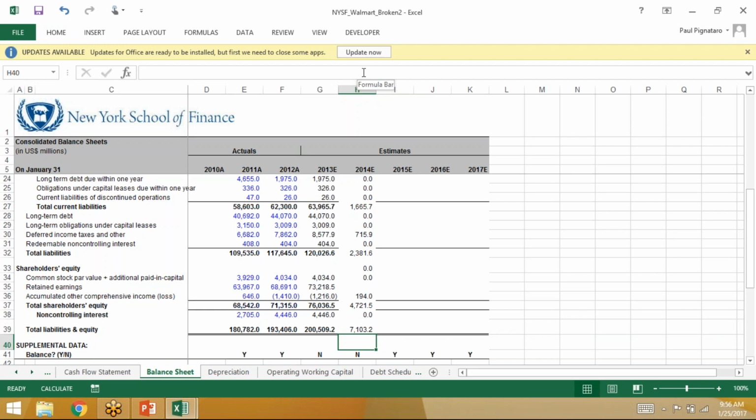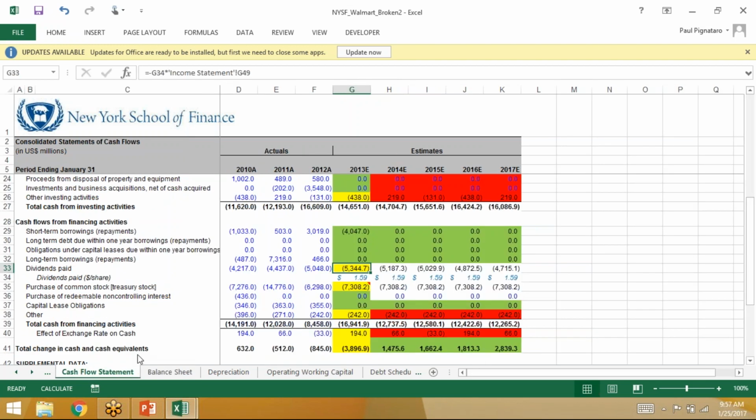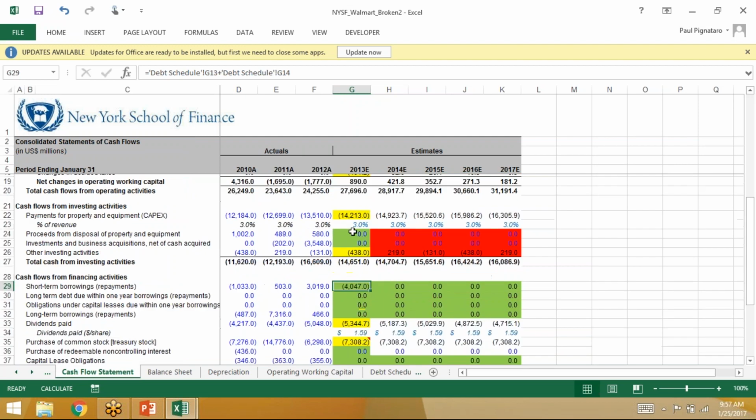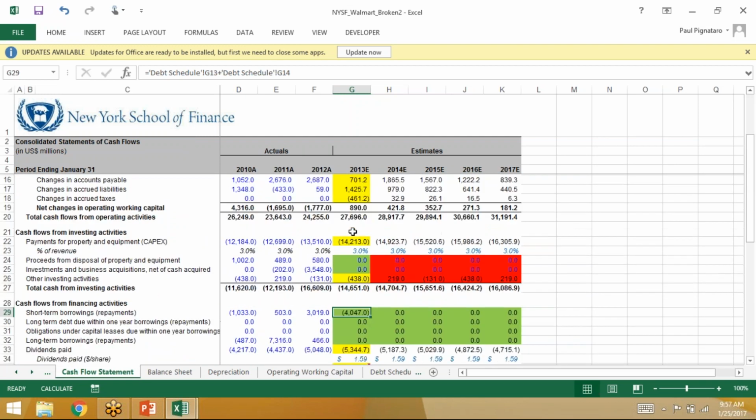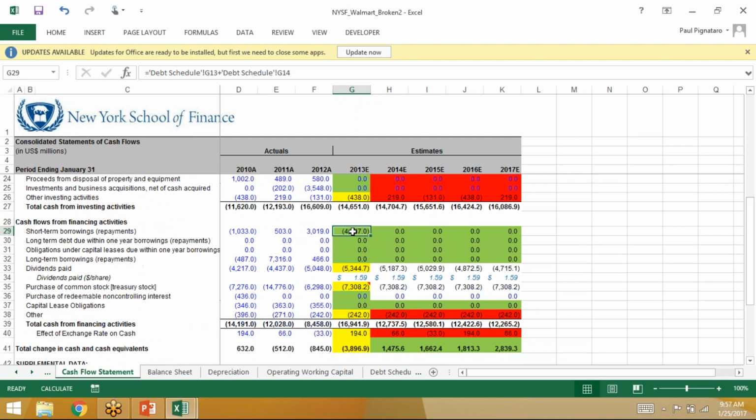What else? Missing line item in the cash flow statement. Is there anything in the cash statement we didn't use? Yeah, short-term borrowings. We didn't use. That's it. There's a line item in the cash flow statement that was not linked into the balance sheet.